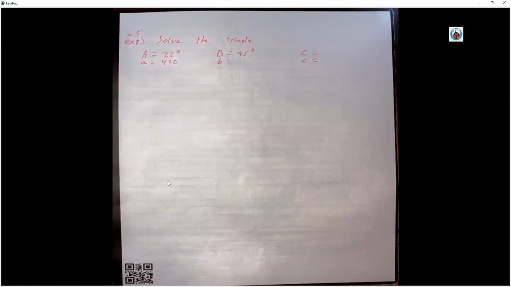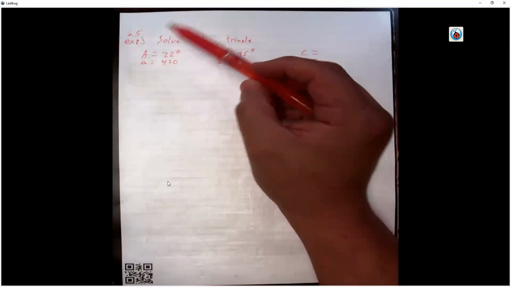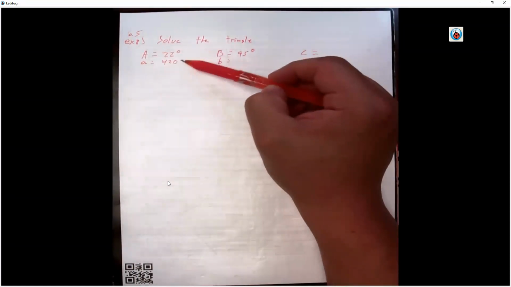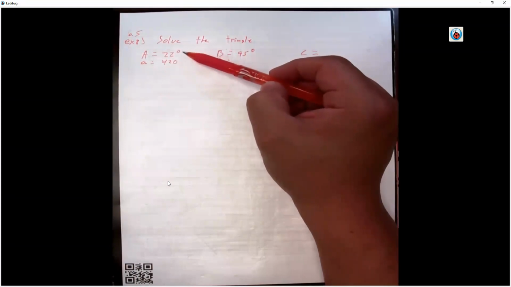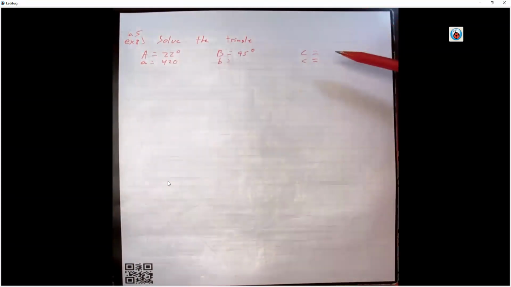You need to know why we need to use log sine or cosine. By looking at this, can you tell which one you're supposed to use? Log sine requires an angle and its opposite side. Since we have a pair of lowercase and capital, that's a good sign that I should stick with log sine.